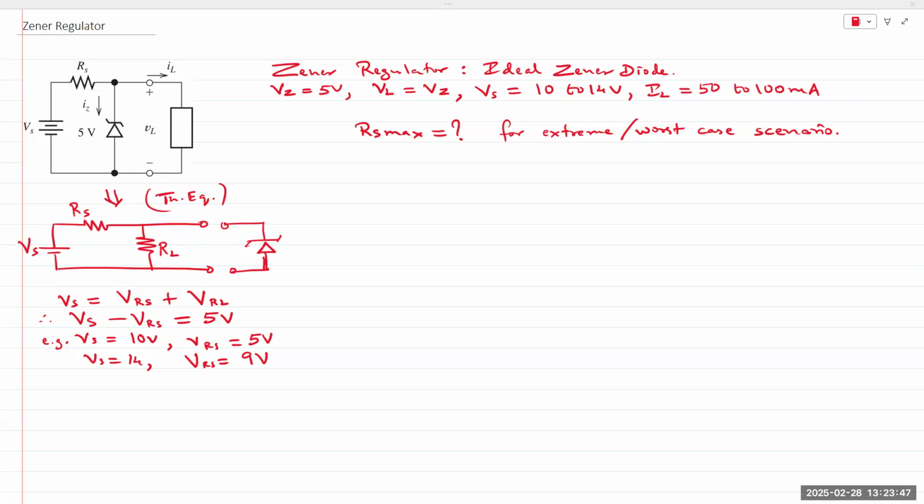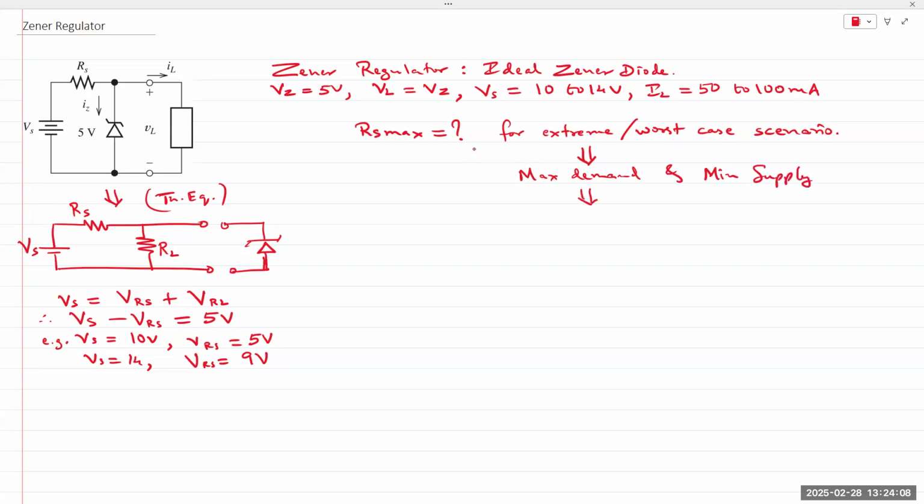And what is the lowest voltage? 10 volts. So extreme case scenario, max demand and minimum supply.